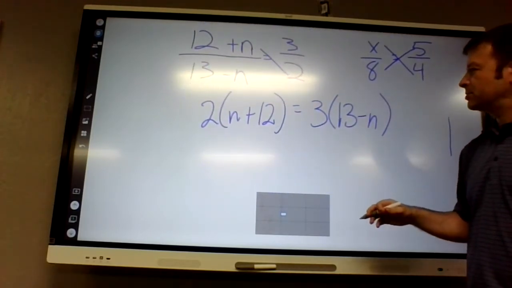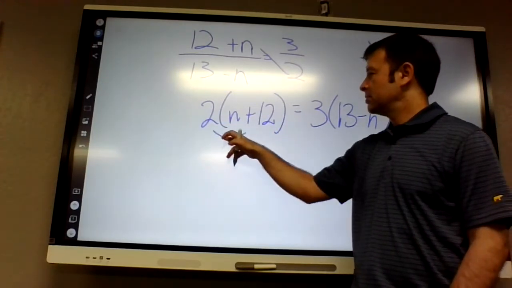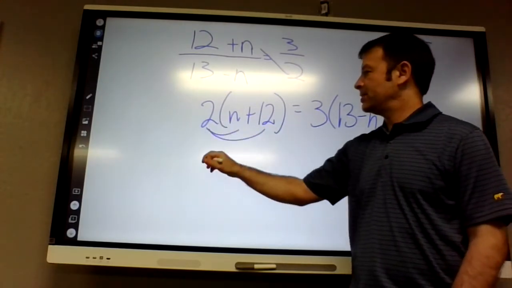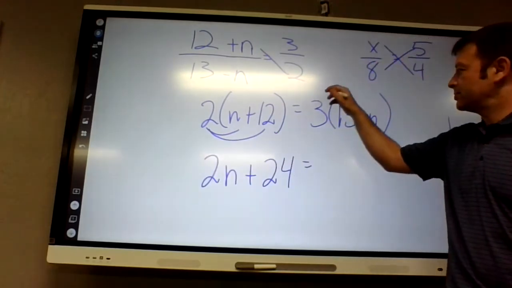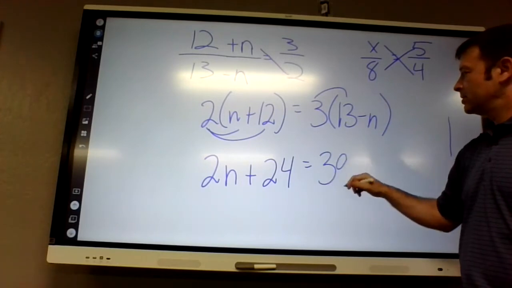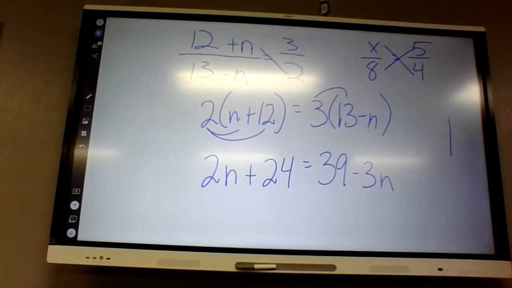What should I do? Distribute 2 times n plus 24 equals, that would be 39 minus 3 times n. Okay, I see n's on both sides.